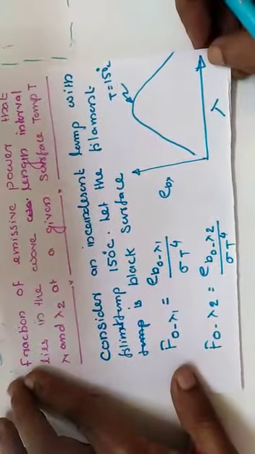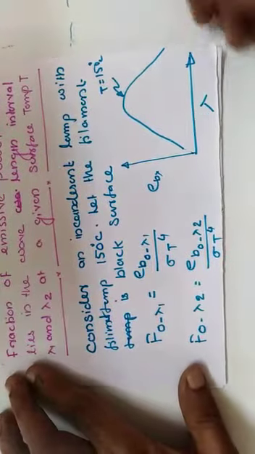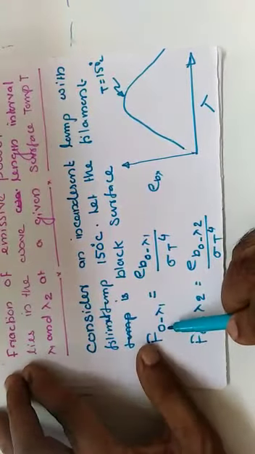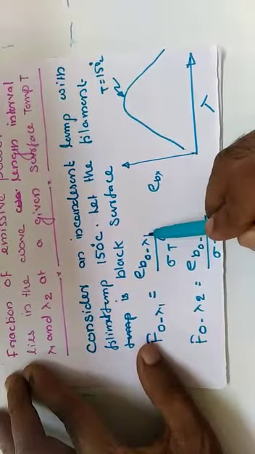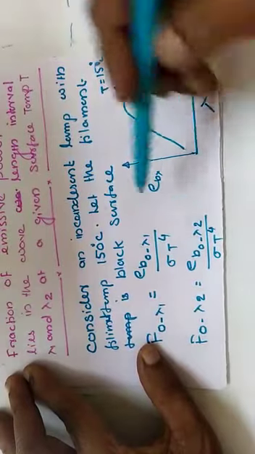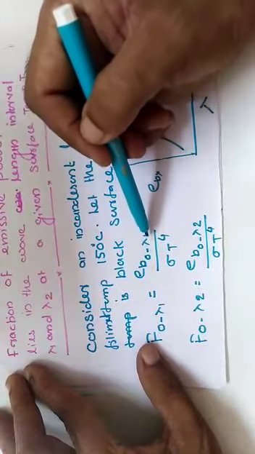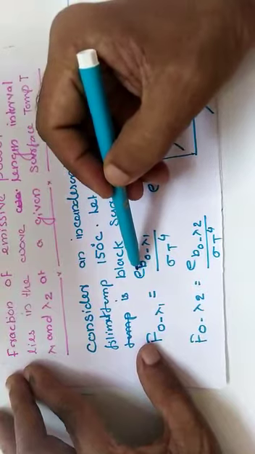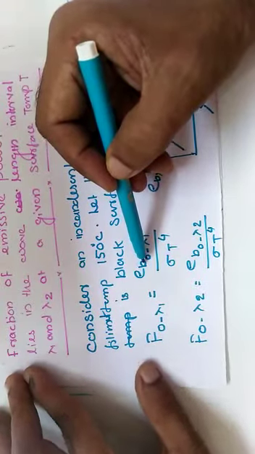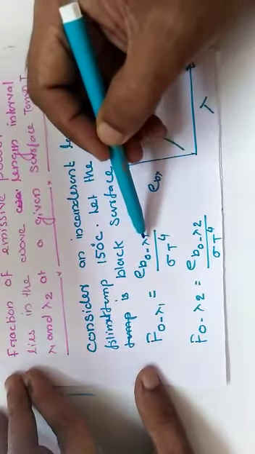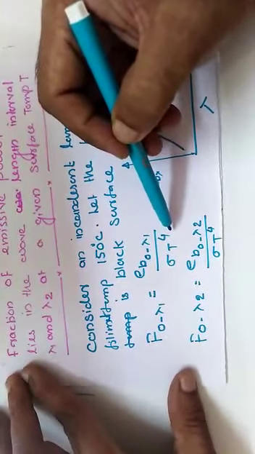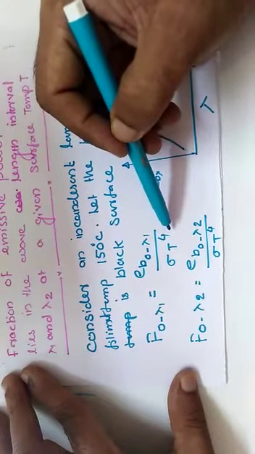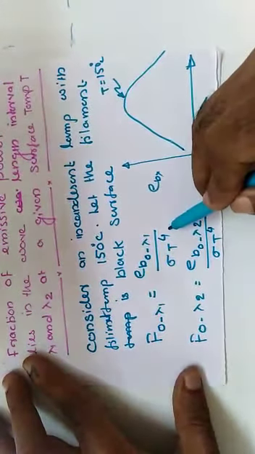Now before discussing the details of that, I will introduce a few symbols which will be helpful for you. F0 to lambda 1 equals EB0 to lambda 1 divided by sigma T raised to 4. EB0 to lambda 1 means the emissive power of a black surface having wavelength 0 to lambda 1, divided by sigma T raised to 4, which is the emissive power of the black surface having wavelength 0 to infinity.